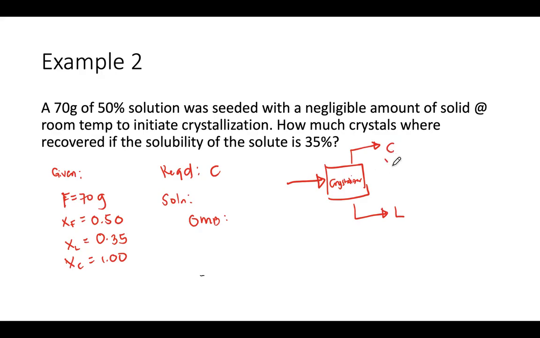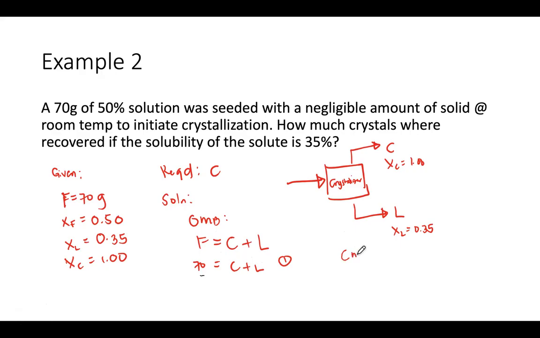You have XC, this is 100%, and your XL is 0.35. So overall material balance, you have F equal to C plus L. F is 70, equal to C plus L. This is your first equation.